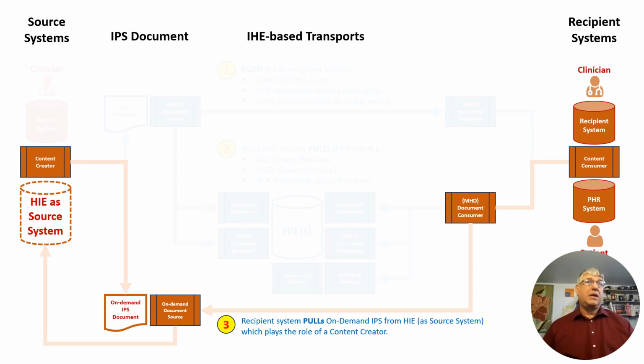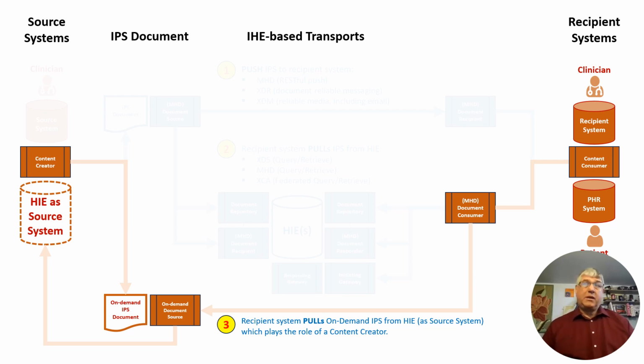This is where the content creator doesn't create the IPS document itself, it creates a placeholder, a metadata placeholder that says, I could create an IPS for anyone at any time that wants an IPS created. This is a contract, so to speak. It says, I will create a fresh IPS if you ask for it.